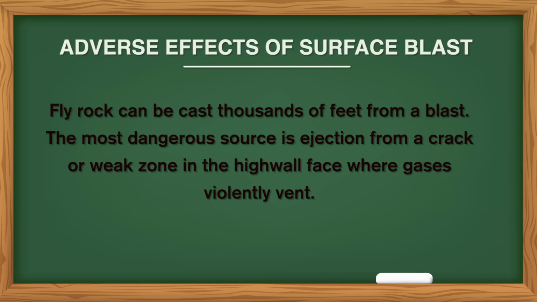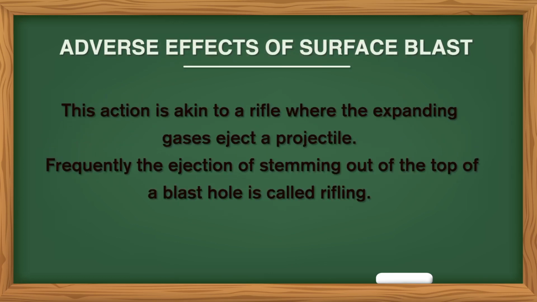The most dangerous source is ejection from a crack or weak zone in the high wall face where gases violently vent. This action is akin to a rifle where the expanding gases eject a projectile. Frequently, the ejection of stemming out of the top of a blast hole is called rifling. Fly rock damage is quite obvious when a structure is hit. Holes and marks are very visible.